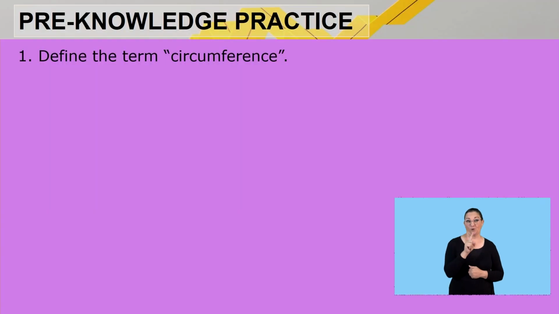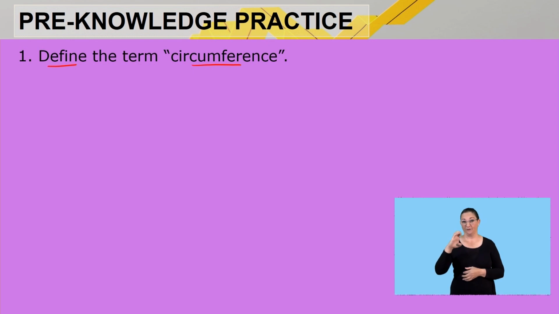Now let's start off by testing what you should know at this moment in time. We call this a quick pre-knowledge practice, and I want you to answer these questions to the best of your abilities. Question 1 says define the term circumference. We're going to keep it simple.